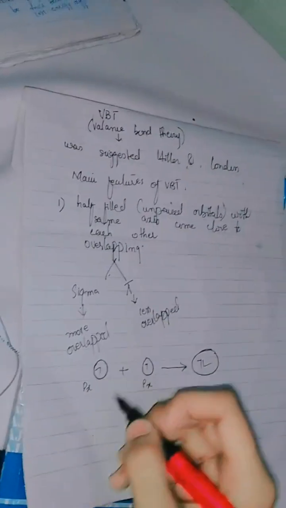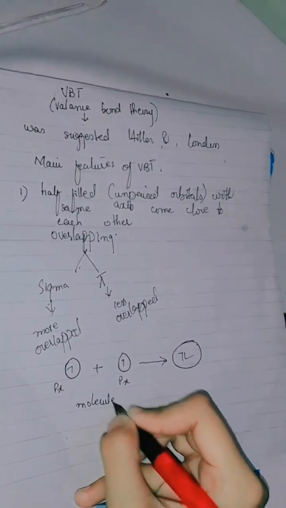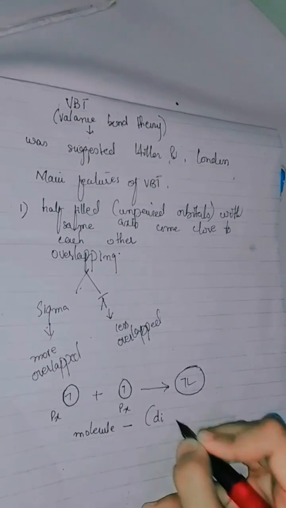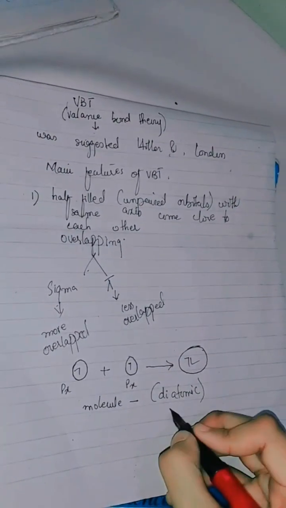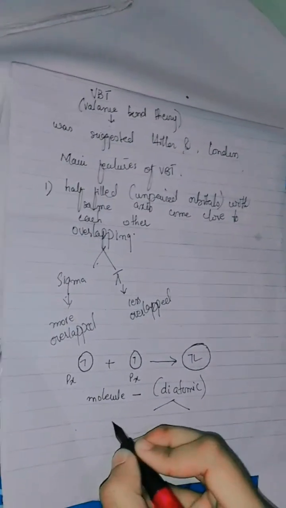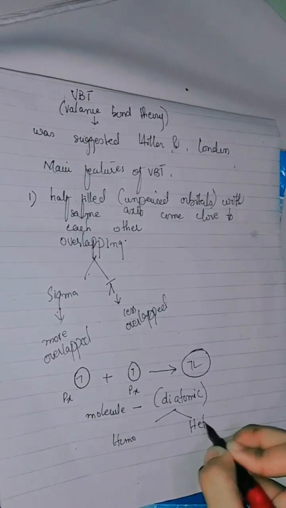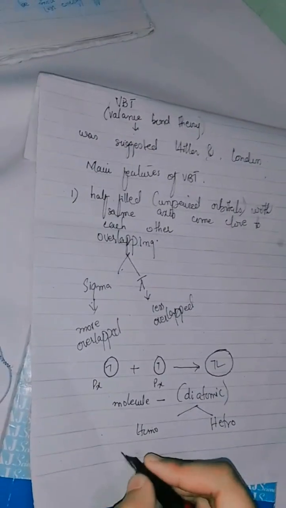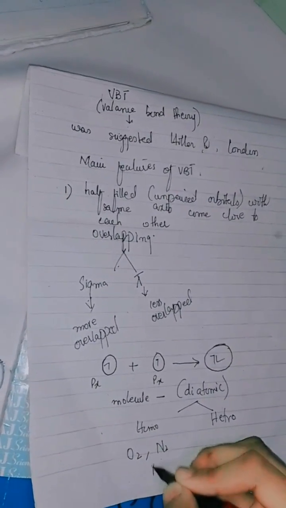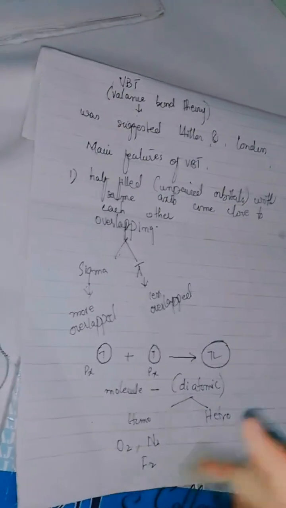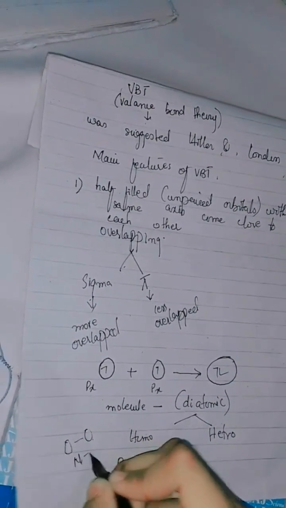Basically, VBT theory can apply on molecules that are diatomic. Diatomic means it can be a homomolecule or a heteromolecule. Homomolecules like O2, N2, F2, meaning the same atoms, like oxygen and oxygen, nitrogen and nitrogen.